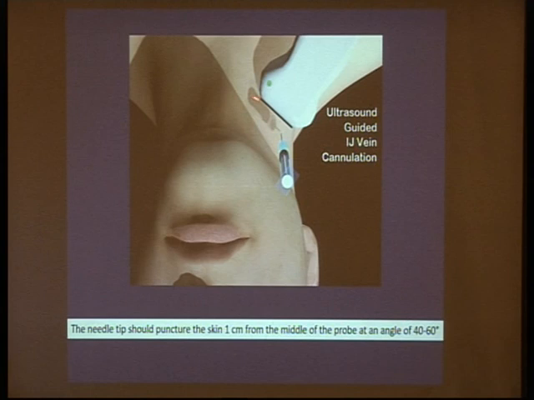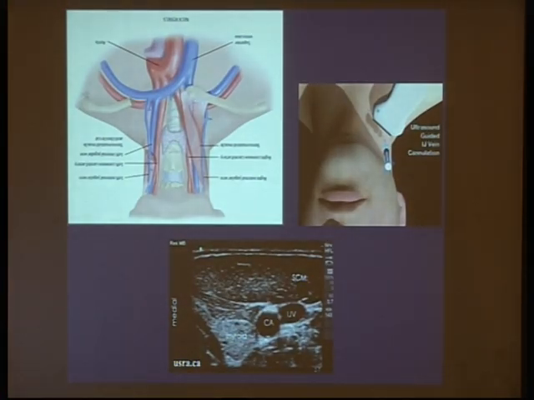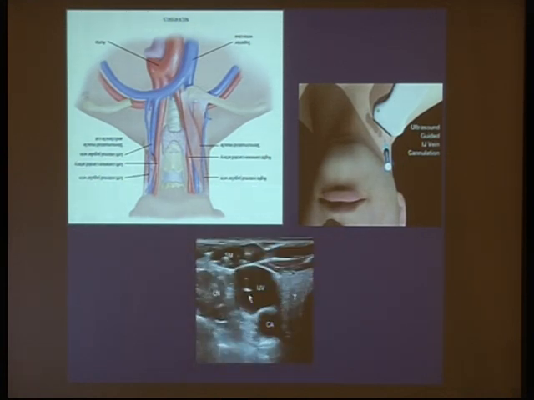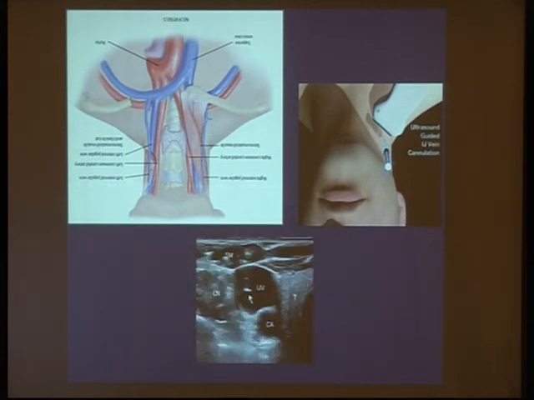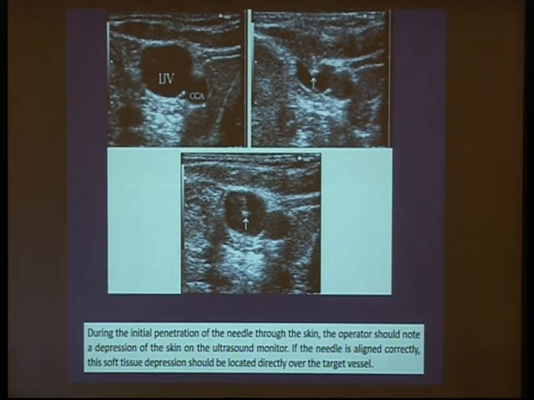This is an example of transverse approach, and you will allow for 1 centimeter from the middle of the probe in order to meet the plane of ultrasound. So, this is the vein and this is the artery.